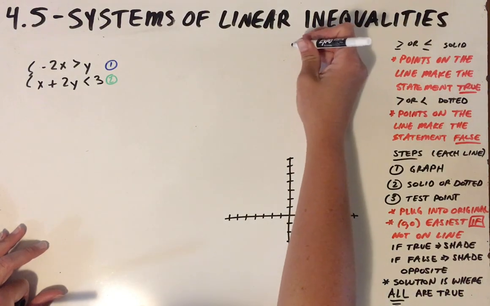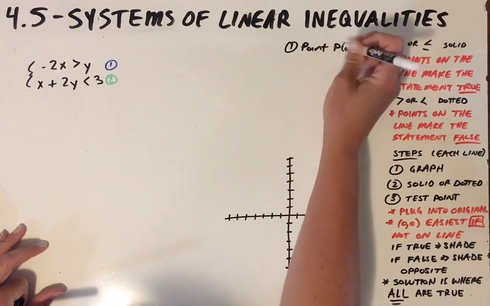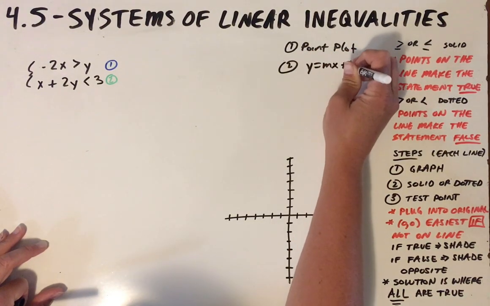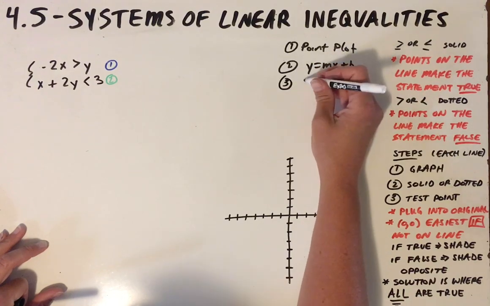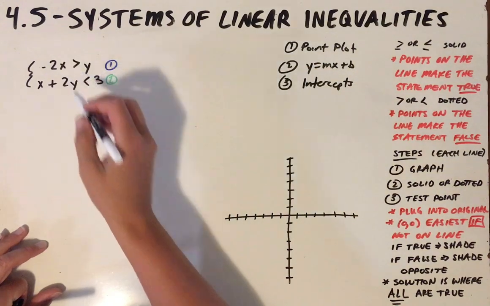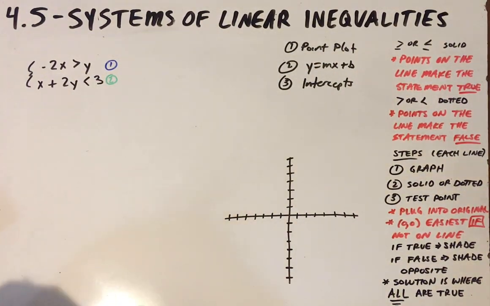Remember that we have three methods for graphing. We can point plot, we can put in slope-intercept form, or we can find the intercepts. This problem right here is already in slope-intercept form, although it kind of looks backwards.